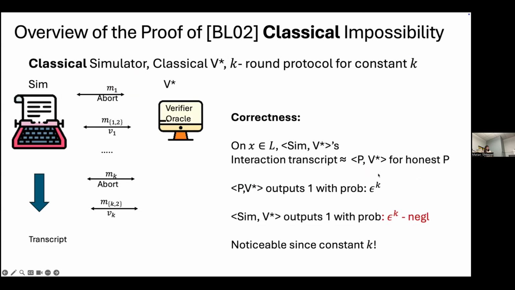So even though V star is aborting with high probability, we can still get to the end of the protocol with epsilon to the k, which is inverse polynomial. Of course, since the simulator simulates this view, it also gets to the end of the protocol with epsilon to the k minus some negligible simulation error. And this is a noticeable amount since we have a constant k.